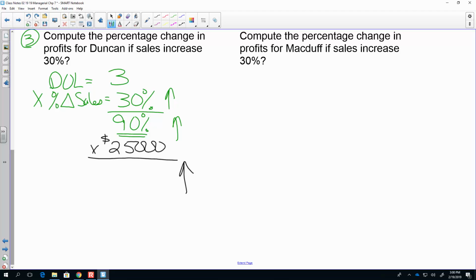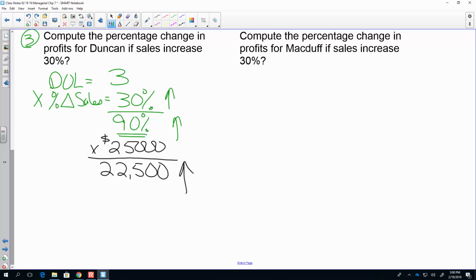Brianna, how did you do that? You didn't use your calculator, did you? Oh, you did. You could take 10%, which is 2,500, subtract it from the 25, you get 22,500. That's what I was hoping you did, because you did it so quick. That was awesome.